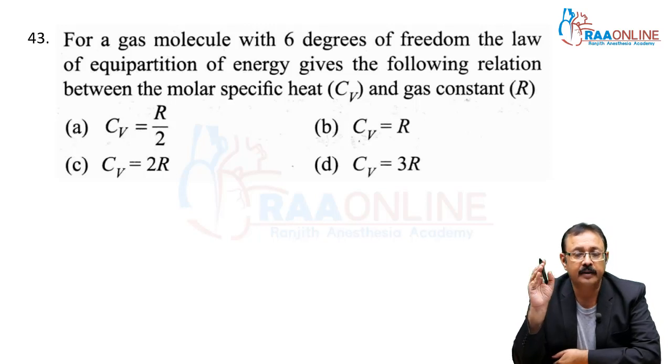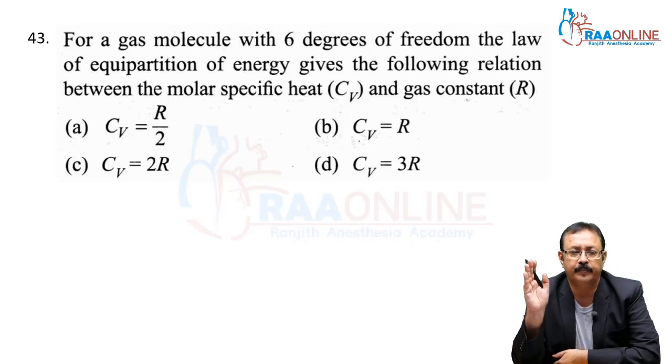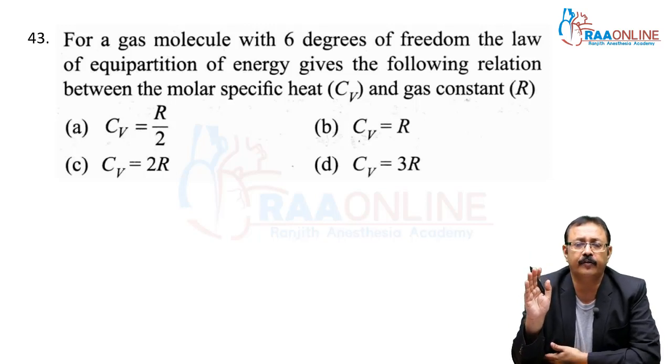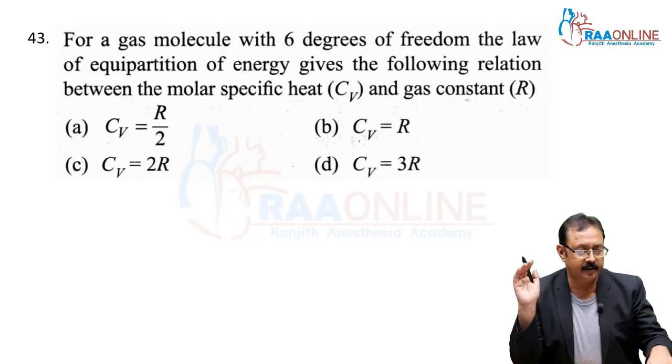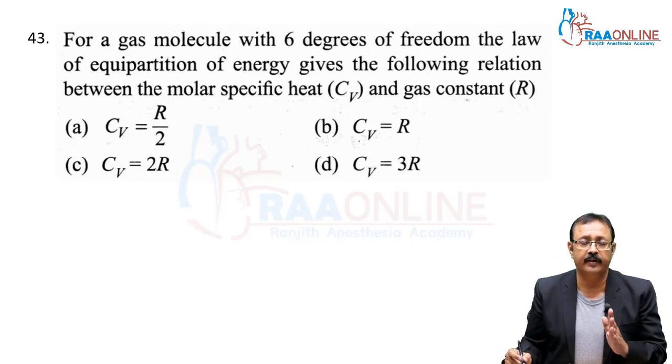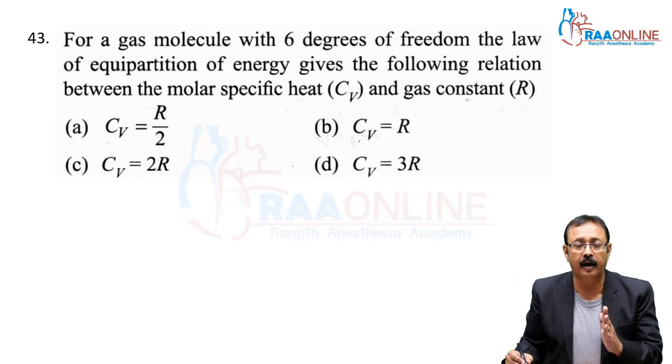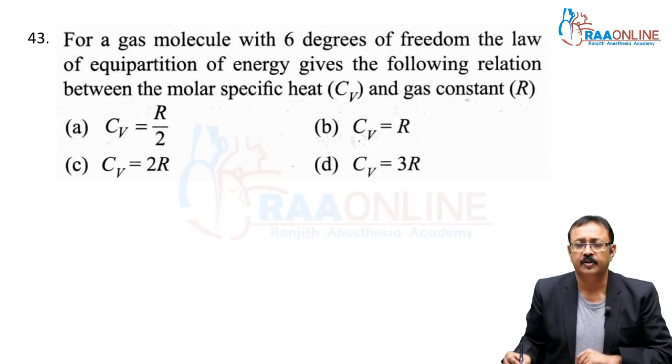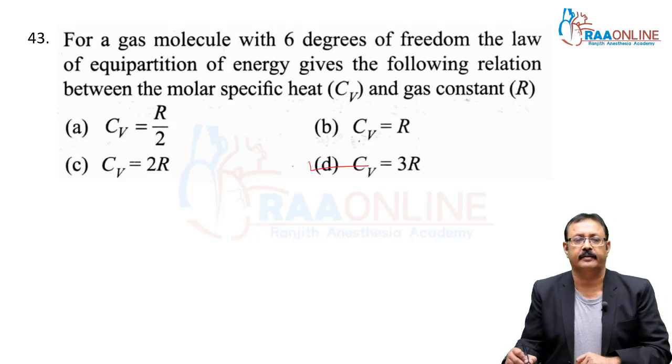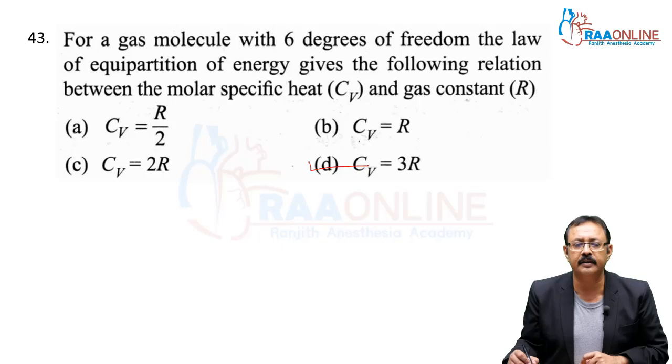We know that at constant volume, the energy associated with each degree of freedom was half R. So for 6 degrees of freedom, it should be R by 2 into 6, meaning 3 R. So we are going with 3 R.